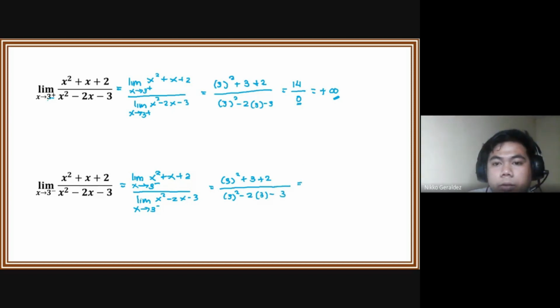So the numerator is 14 over 0. The k is positive, and the denominator approaches 0 through negative values, since x approaches 3 from the left.